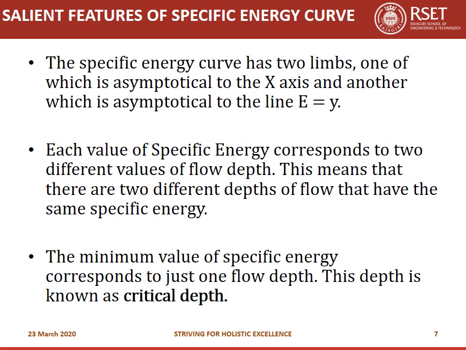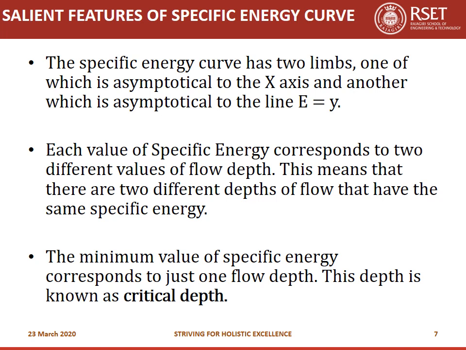So let's just go through the salient features of the specific energy curve. The specific energy curve has two limbs, one which is asymptotical to the x-axis. Asymptotical means reaches out to, but never really touches. So it is asymptotical to the x-axis, and the other limb is asymptotical to the line E equal to y. You saw the specific energy curve, that's how it is shaped.